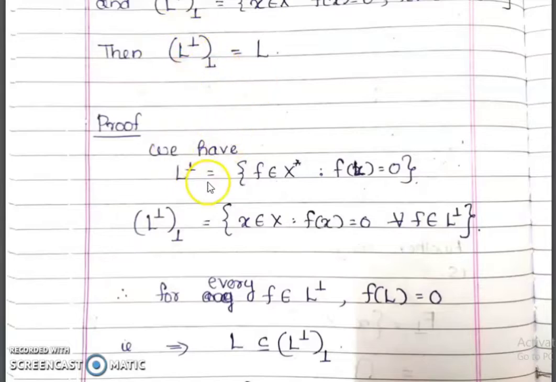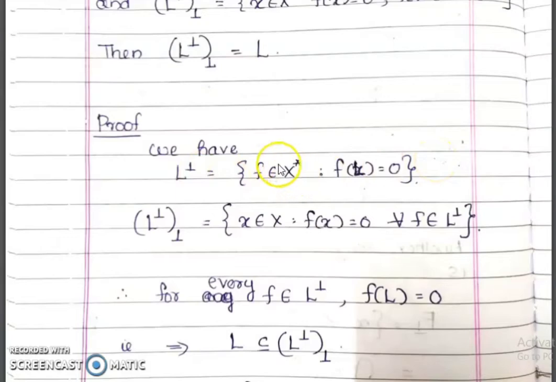We have L perp is the set of all f belongs to X star such that f of L equal to 0, by definition. Now, by definition, L perp is equal to the set of all x belongs to X such that f(x) equal to 0 for every f belongs to L perp. If you take any f belongs to L perp, for these f of L is equal to 0.